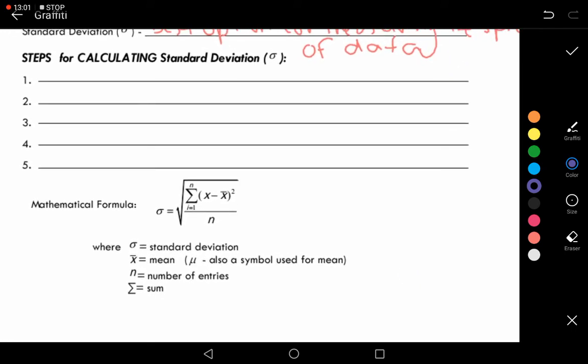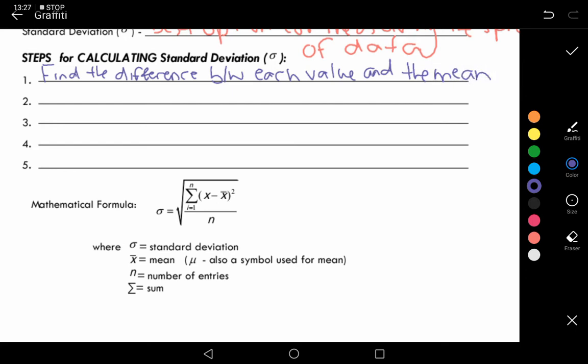So the first thing we need to do is find the difference between each value and the mean.